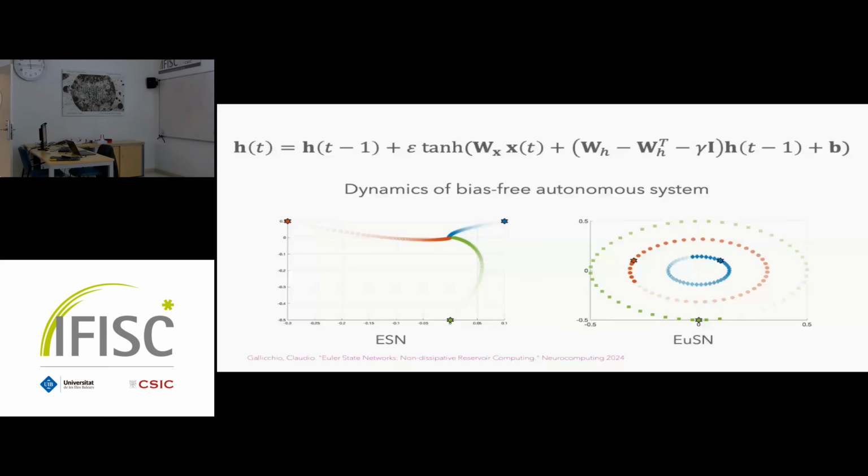So what happens, the state will start to rotate around the origin, still preserving the reciprocal distances between the orbits of the system. So what does it mean? It means that I will never forget the fact that I started in the blue star or in the red star or in the green star.